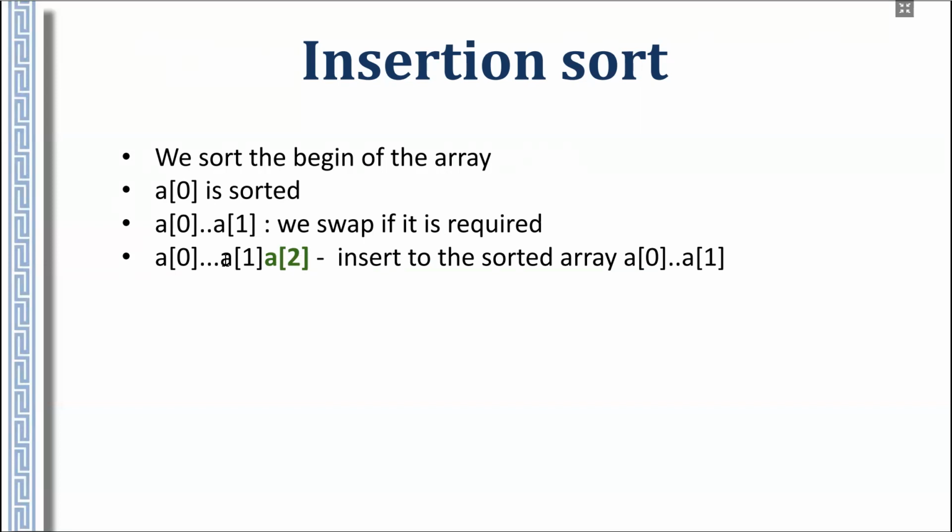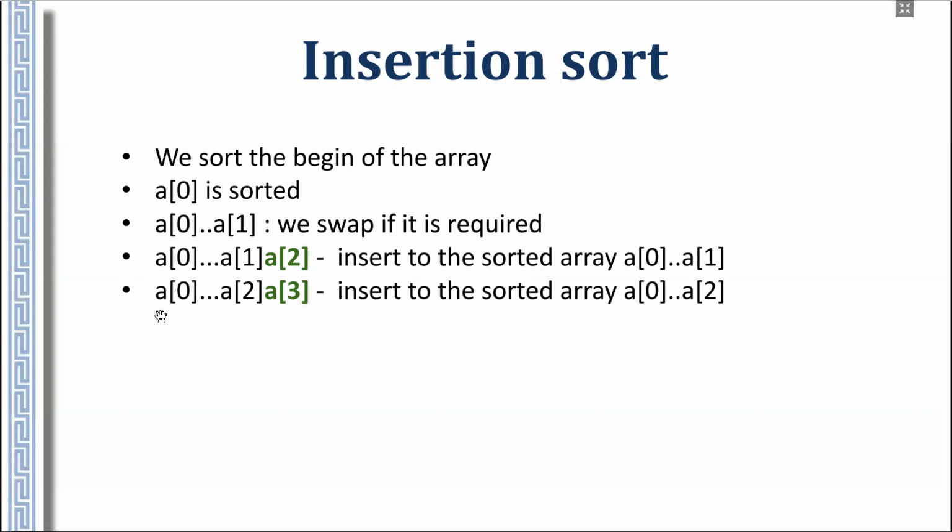If not, we swap it and move it to the left. And we move A2 to the left until it is no longer smaller than the previous element. And when it is already in its place, then we obtain the sorted part A0 to A2.